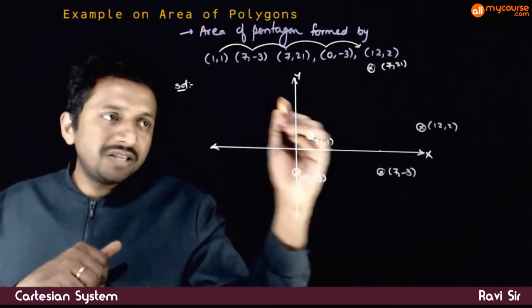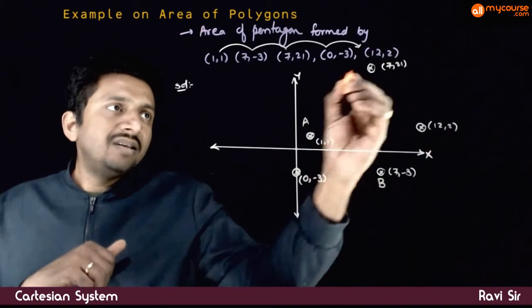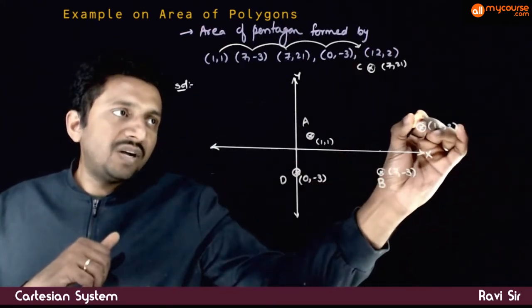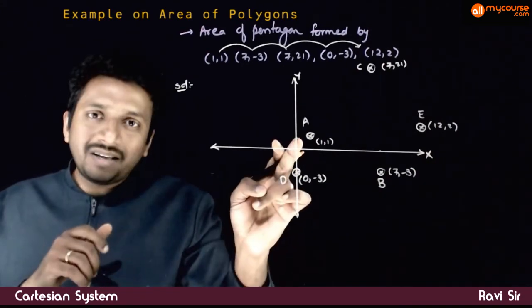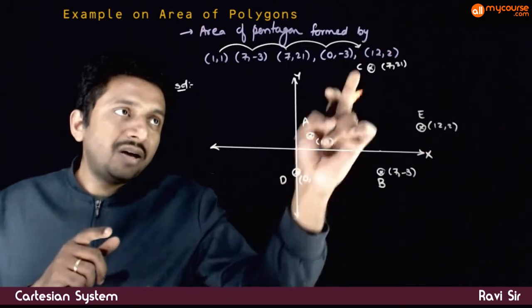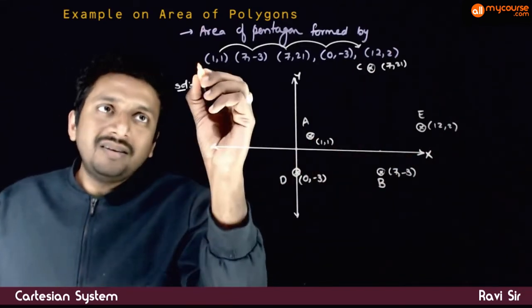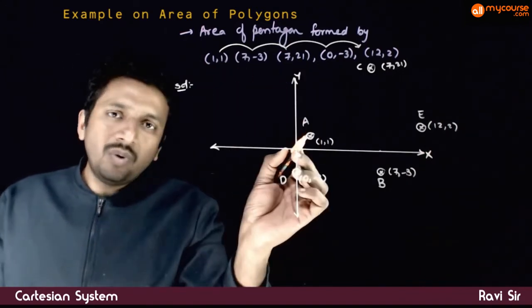So according to the given question, the first vertex is this, the second vertex is this, the third vertex is this, the fourth vertex is this, the fifth vertex is this. As you can very clearly see, the pentagon's vertices are not in the order that is given in the question. If you join the vertices exactly in the same order as given in the question, you won't get a pentagon.